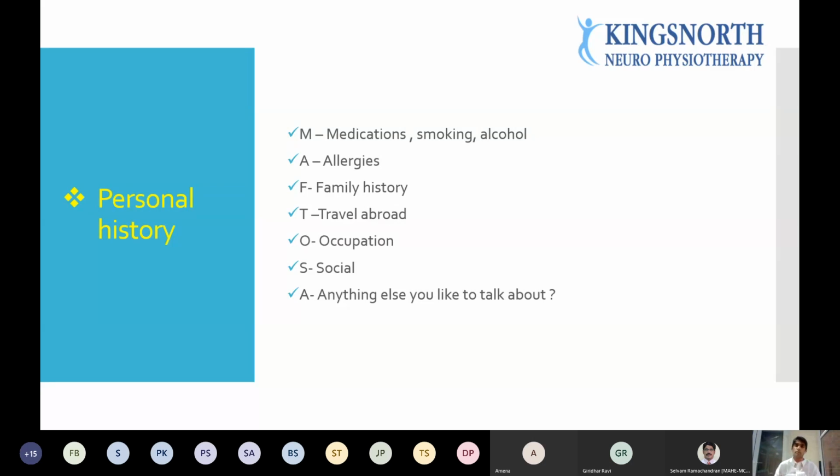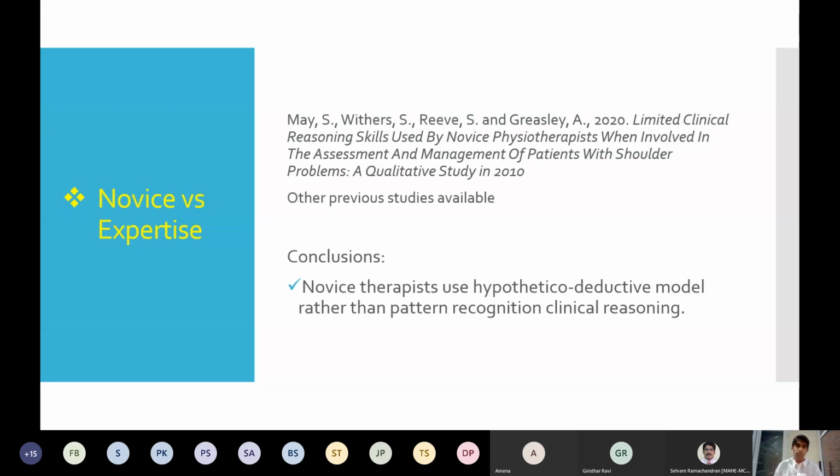And sometimes there are some neurological problems which are more associated with a particular race, and even some things like Parkinson's affect some Arabic people in a different way in comparison to a different race. So there are anomalies, so worth bearing in mind. And anything else you would like to talk about? Those are the sorts of questions you could ask.